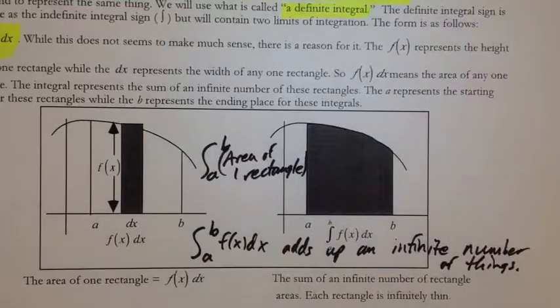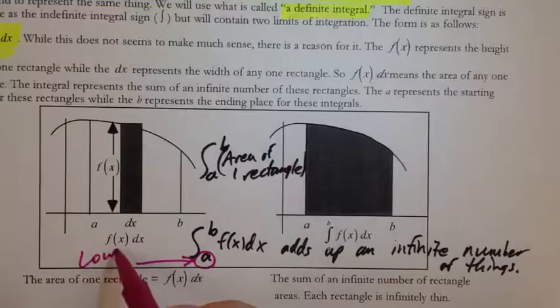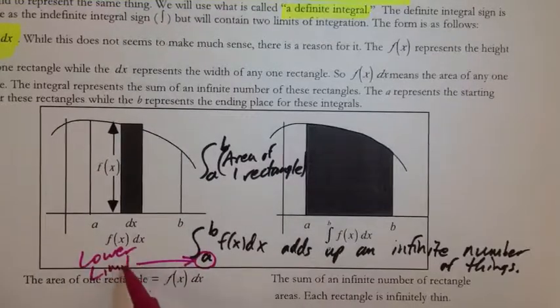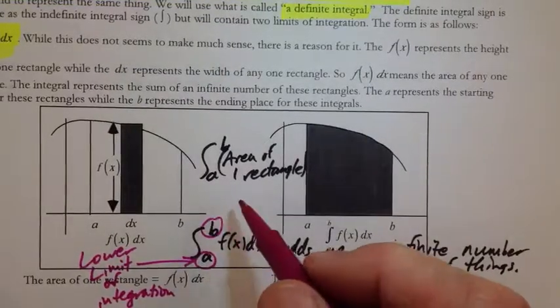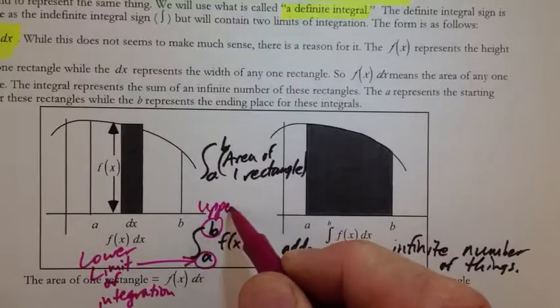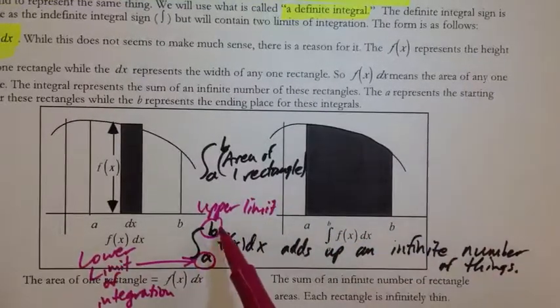I want to make sure these things are clear. This is the lower limit of integration, and this would be the upper limit of integration.